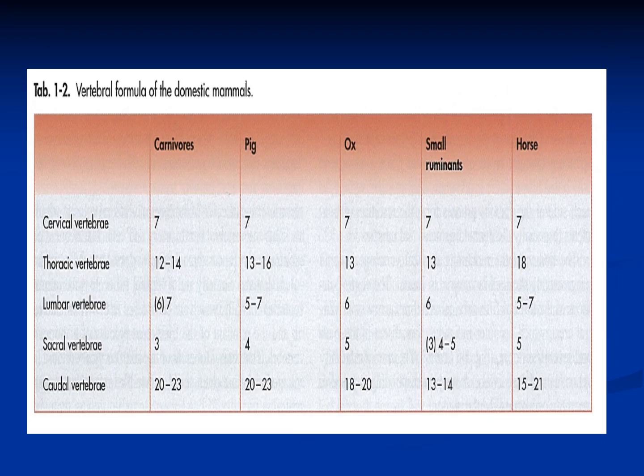The number of vertebrae and the vertebral formula differ from one species to another. For example, if we start with the carnivores, in the cervical region we have 7. In the thoracic we have 12 to 14, and usually we say almost 13. In the lumbar we have 7.